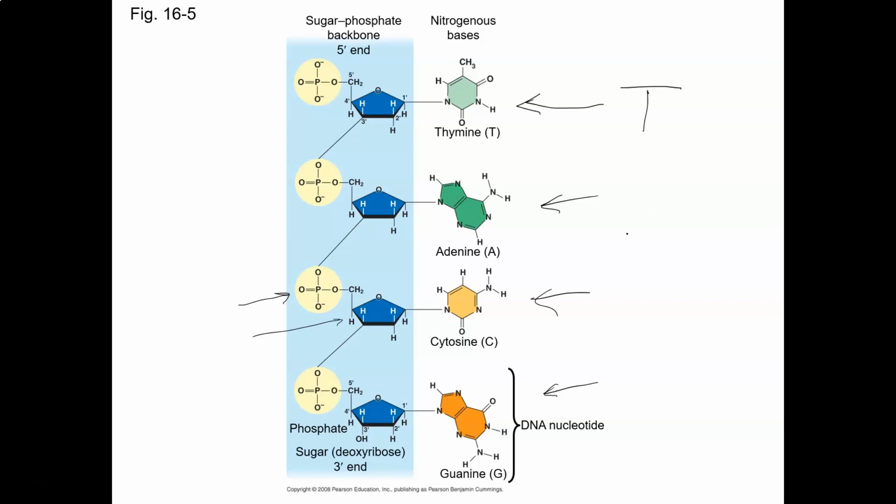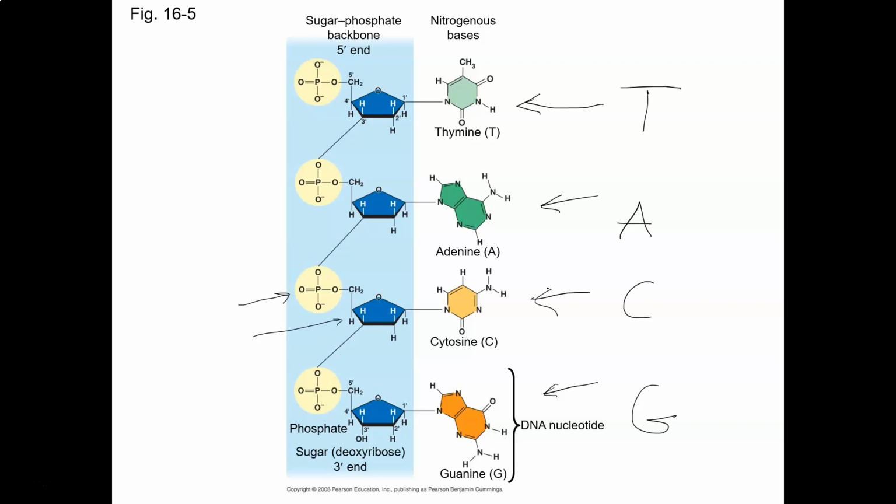So you've got thymine, adenine, cytosine, guanine. If you look at them closely, they all have nitrogen in them, ring-shaped structures. So we talk about guanine nucleotides, cytosine nucleotides, adenine nucleotides, and thymine nucleotides. And those are the 4 building blocks of DNA.